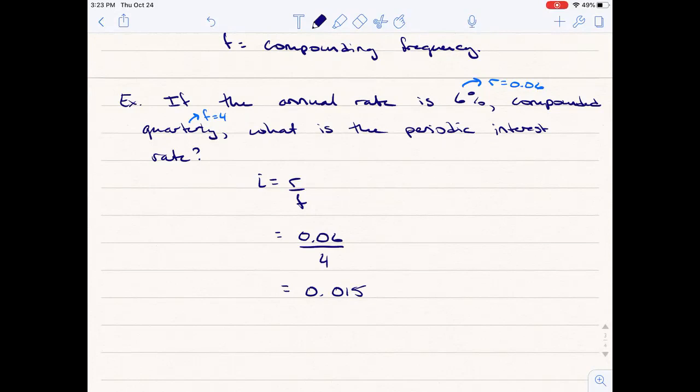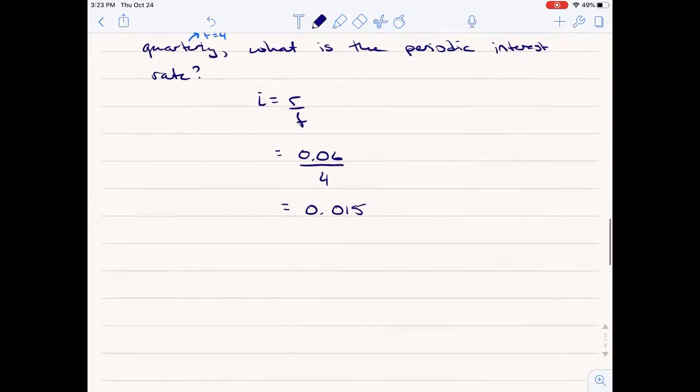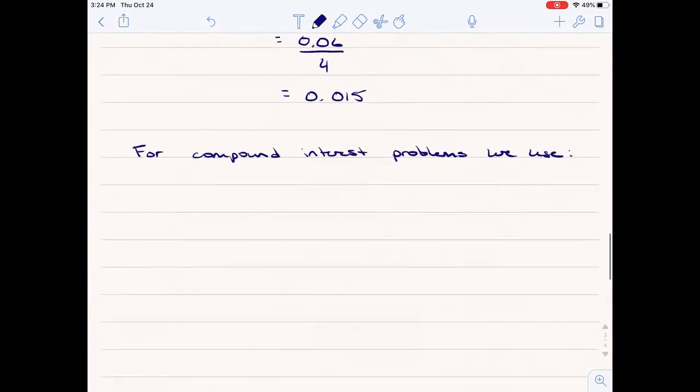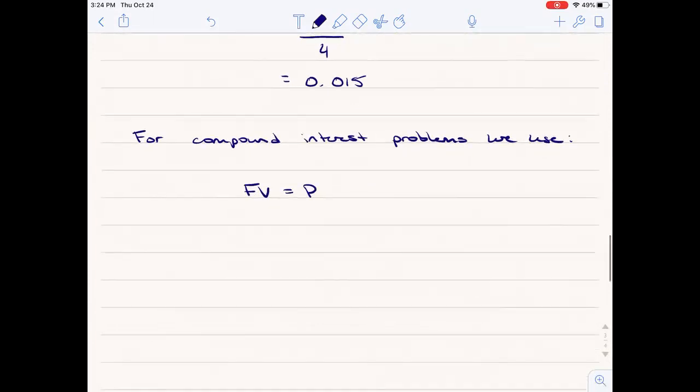So the formula that we use for compound interest problems uses the future value, and PV is the present value. Now we denote it by PV.